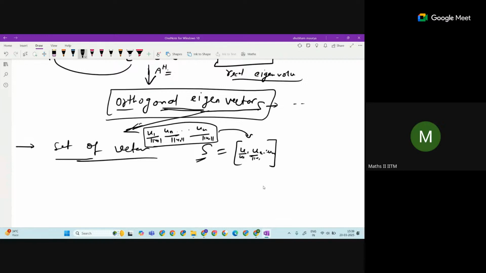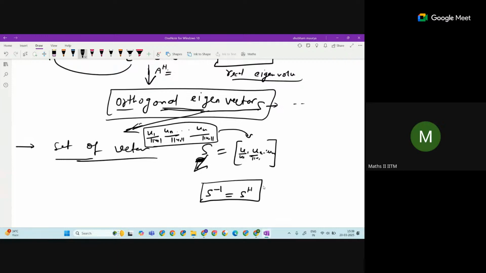This matrix, which we call S, is called an orthogonal matrix. What is the property of an orthogonal matrix? The property is that if you find the inverse of this matrix, it is nothing but the Hermitian of that.